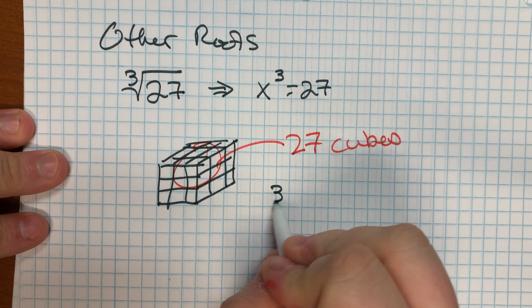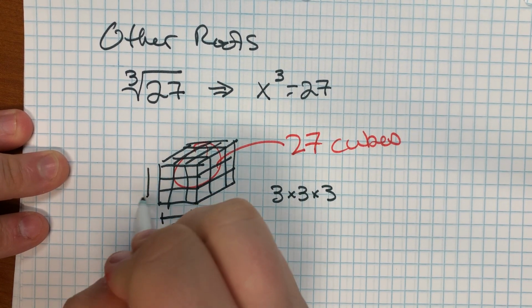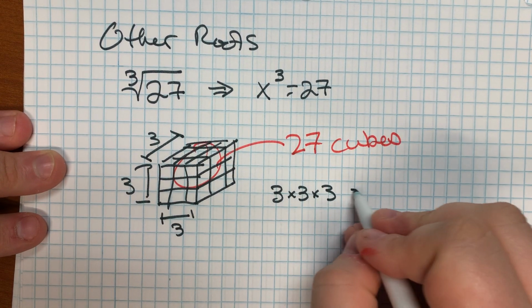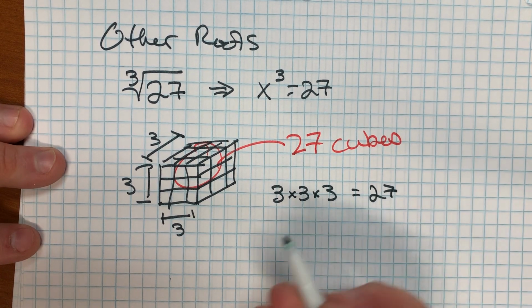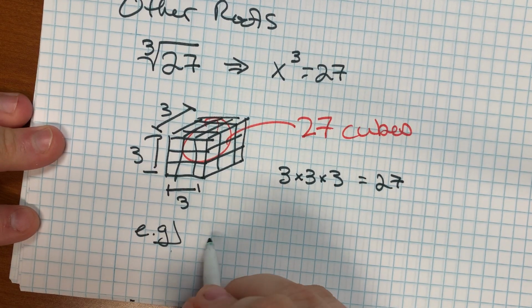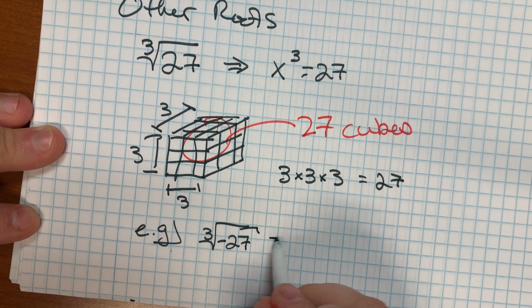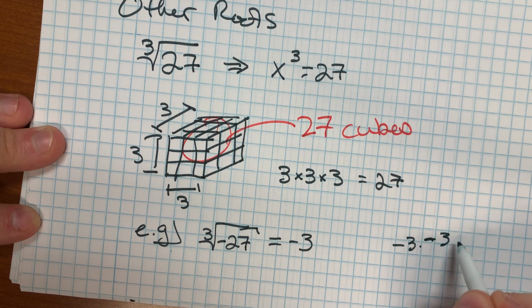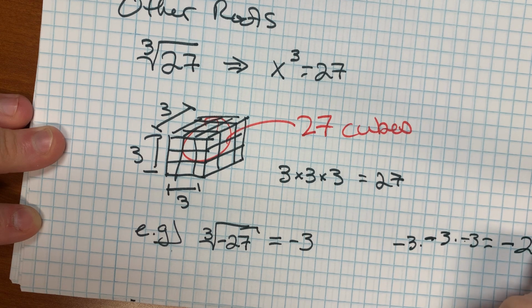And 3 times 3 times 3 is 27. But notice the cube root of -27 is -3, because -3 times -3 times -3 is negative 27.